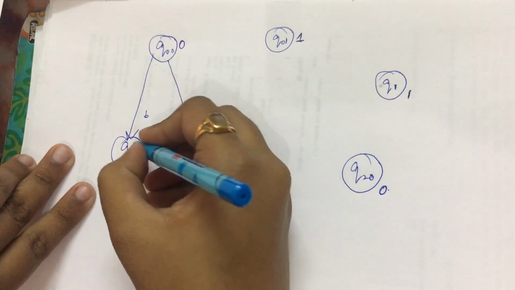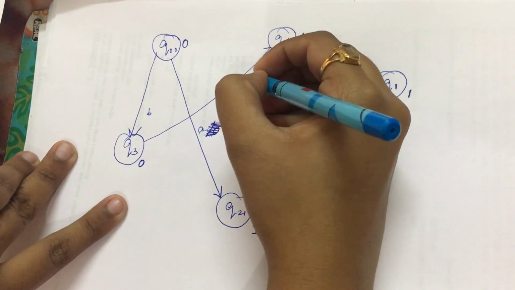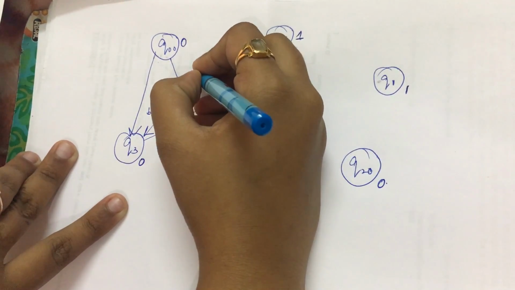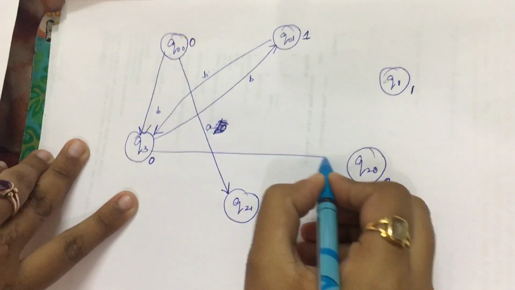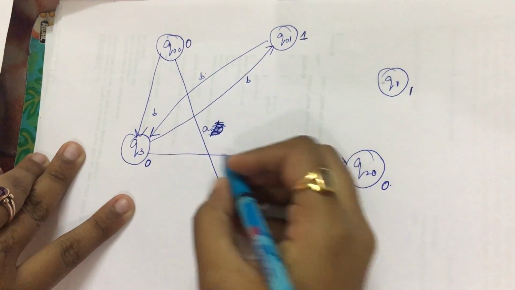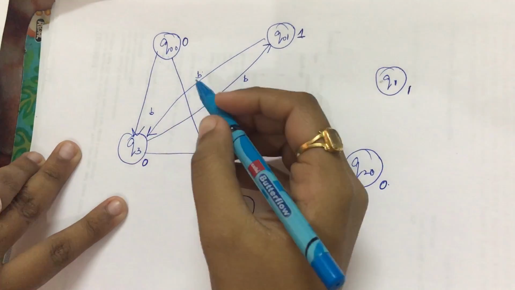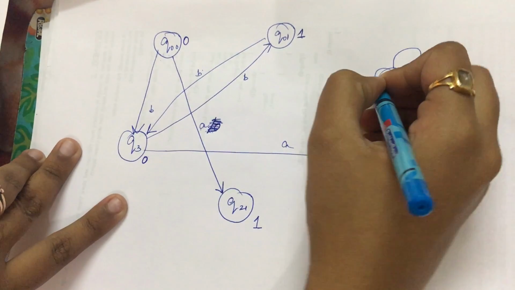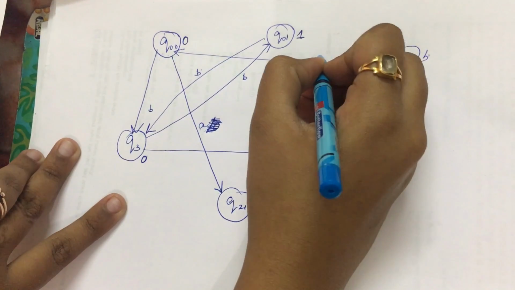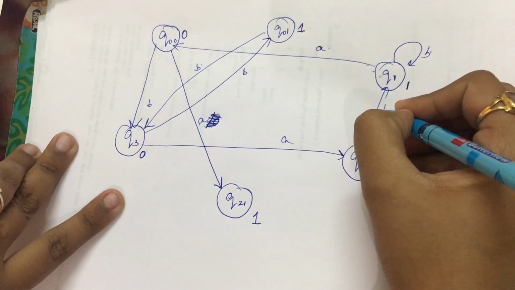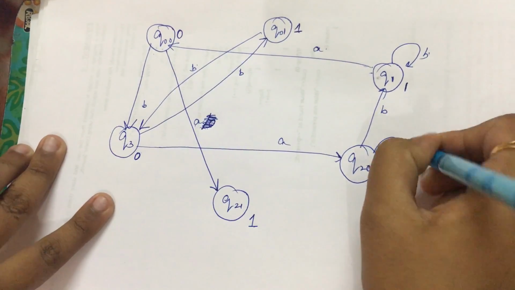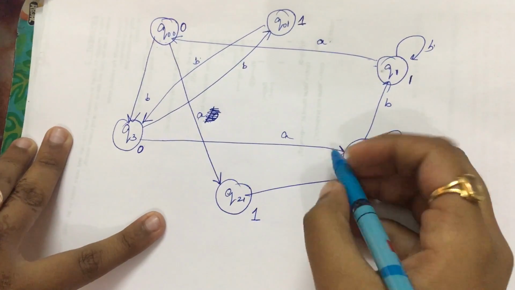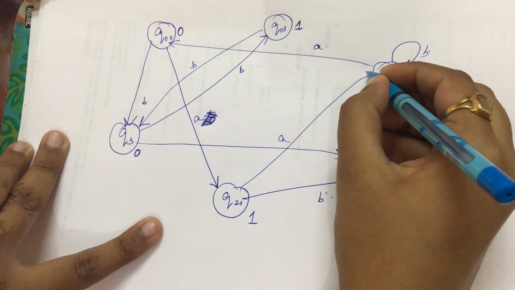So I have, okay, then Q1 to Q1 B, and then Q1 to this I get A, Q2 to this I get B. Okay, so I hope you might have got how we are making the transition diagram. It's very simple.